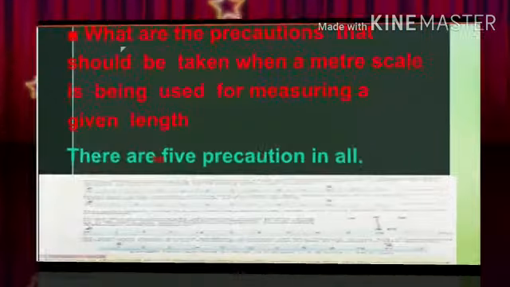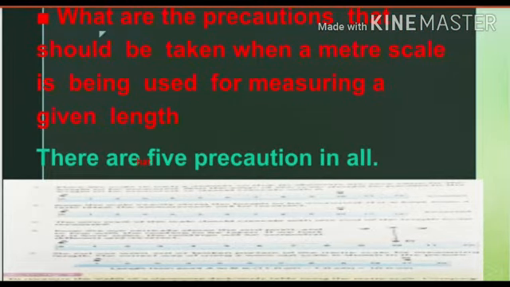Here, what are the precautions that should be taken when a scale is being used for measuring a given length? There are 5 precautions. What are the points that should be kept in mind while measuring the length of a given line segment?